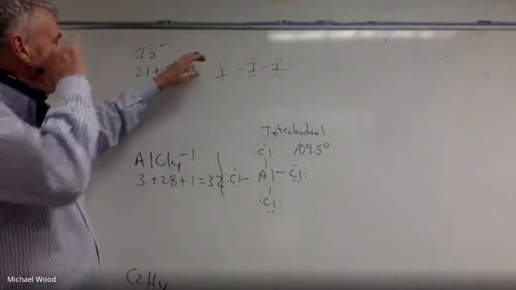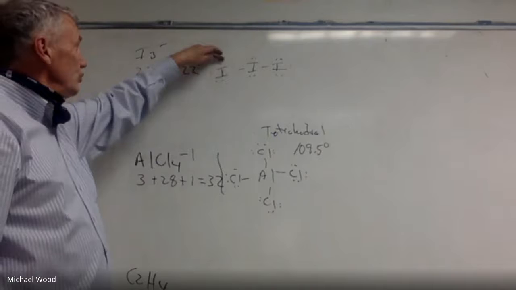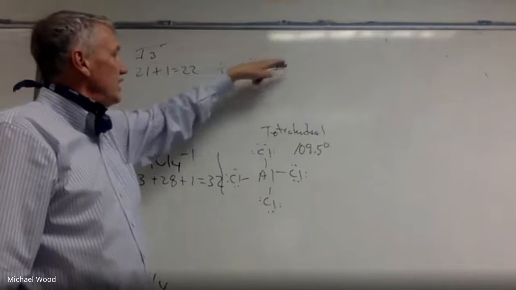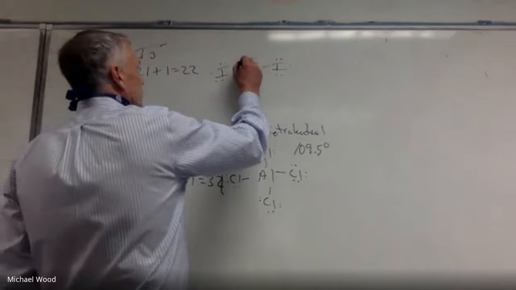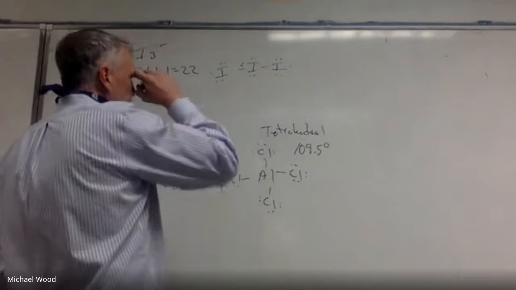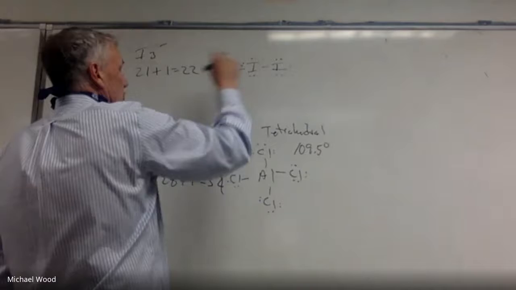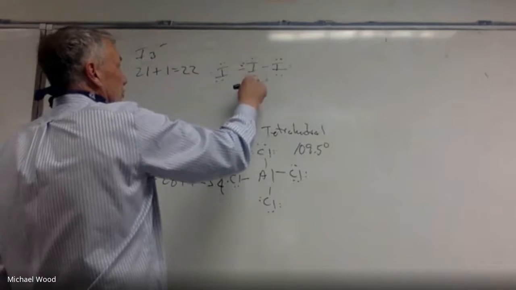So I get 22 dots. So I have 2, 4, 6, 8, 10, 12, 14, 16, 18, 20. Well, I get 22. So again, I'm going to add the extra to the central atom. So it's like that. So now if I count the electron domains, I've got 1, 2. So a non-bonded pair is 1. So I've got 1, 2, 3, 4, 5.